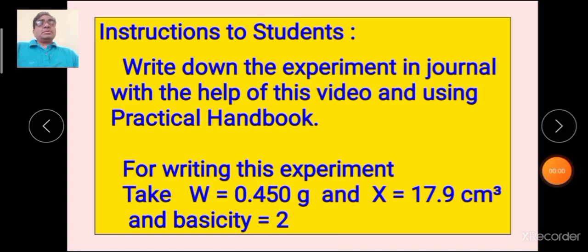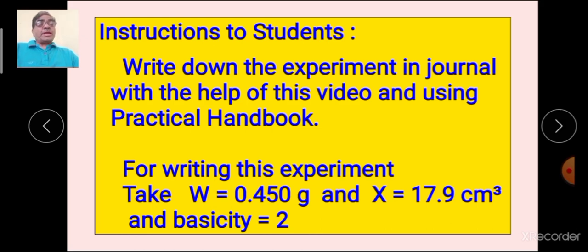Now students, these are the instructions to you. Write down the experiment in the journal, that is the writing pages, with the help of this video and using the practical handbook.